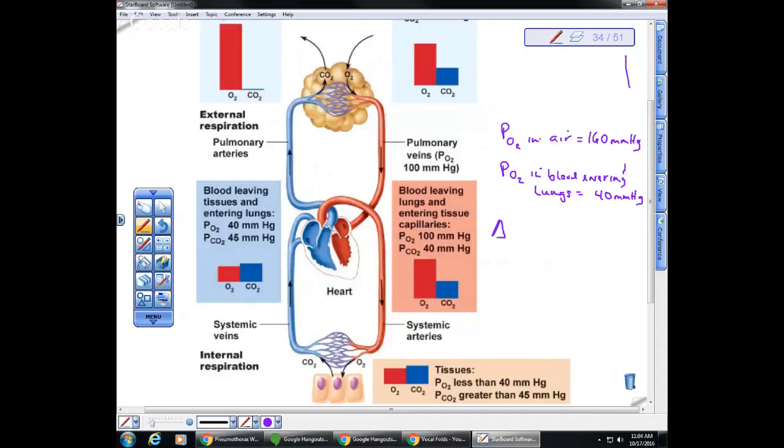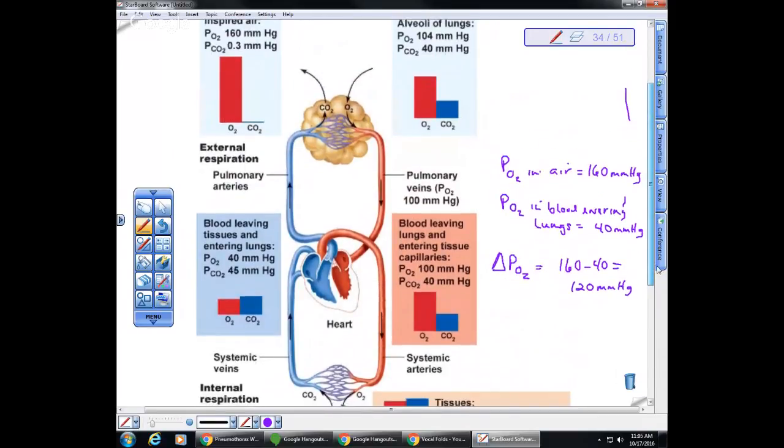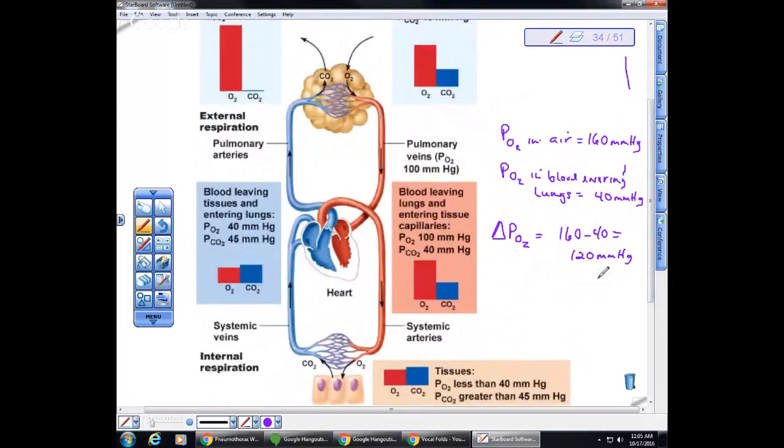So the difference in PO2 is equal to 160 minus 40, which would be 120 millimeters of mercury. Notice I'm just taking these values off of here. Notice oxygen is at a much higher concentration in the air in the lungs. And so this is going to cause diffusion to take place. So oxygen is just going to automatically move through there, okay?